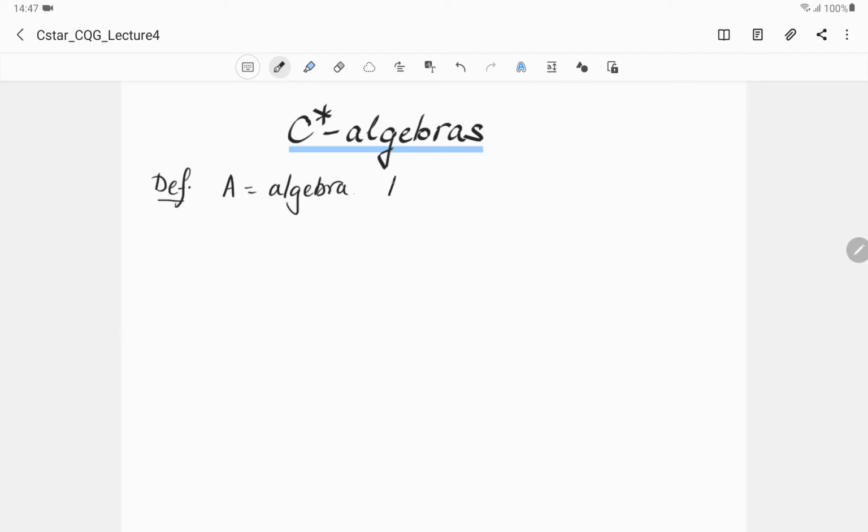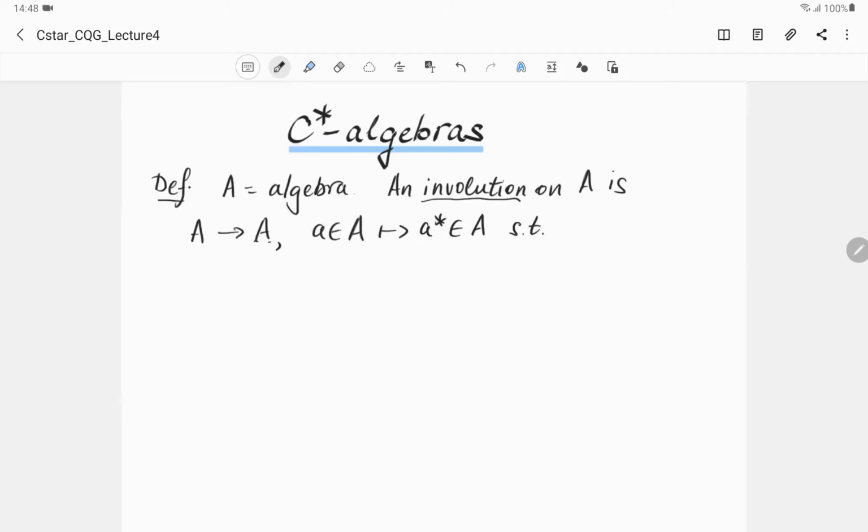An involution on A is a map from A to itself, which takes each element in our algebra to another element denoted by A star, such that this map satisfies the following axioms.